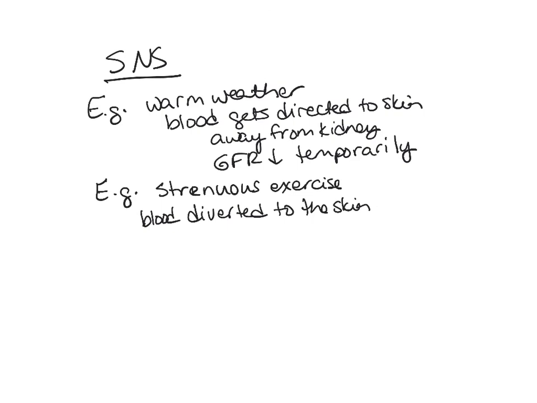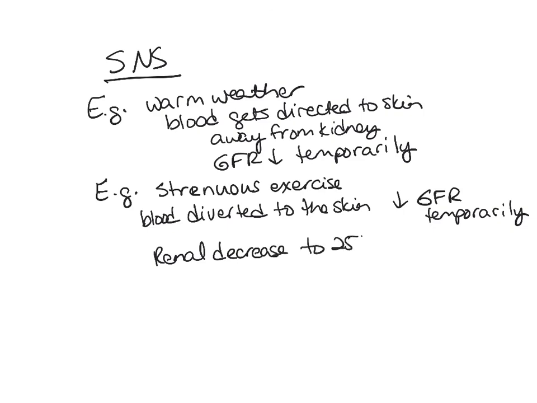And so again, it's going to decrease the glomerular filtration rate temporarily. And then as soon as you are resting again, the blood flow will be directed back to the kidneys again. At maximal exertion, the renal blood flow could decrease to 25% of what it is normally.